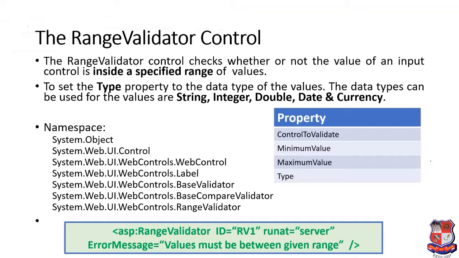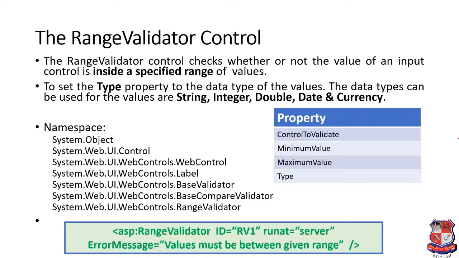And our next control is the range validator control. The range validator control checks whether or not the value of the input control is inside a specified range of values. If we want to enter age, or we want to give some constraint like that age must be between 20 years to 40 years, for this kind of problem we have to use this range validator.